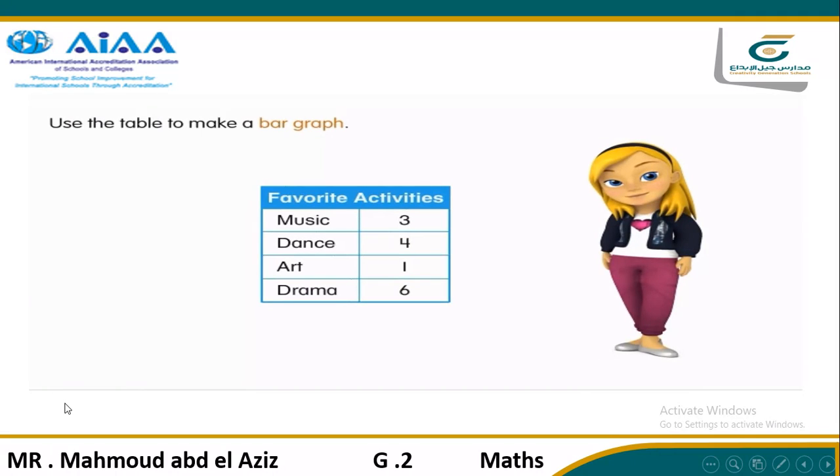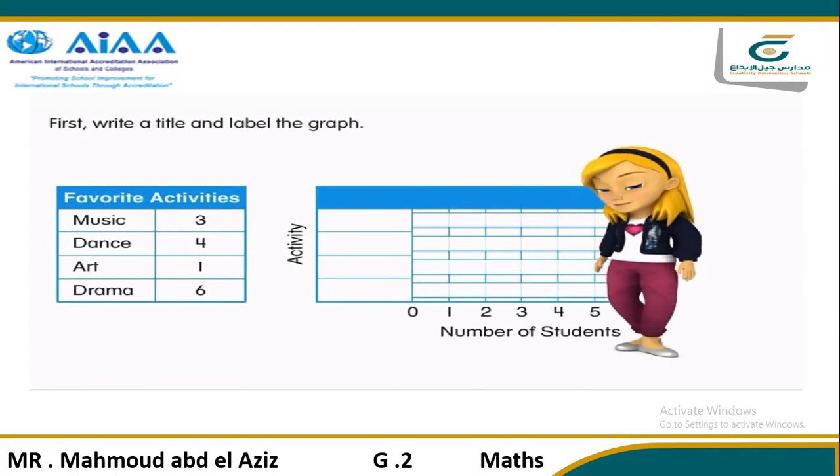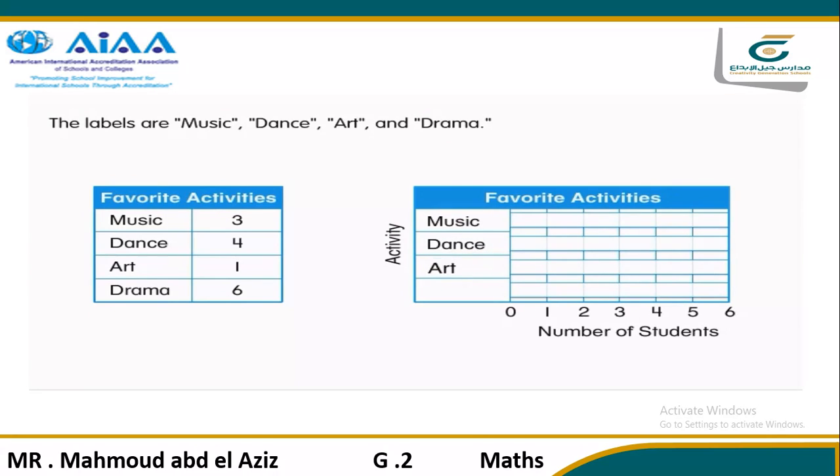Bar graph. First, write a title and label the graph. The title is Favorite Activities. The labels are music, dance, art, and drama. Why is it important to write a title and labels for the graph?